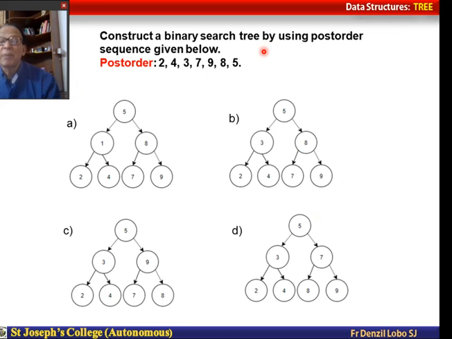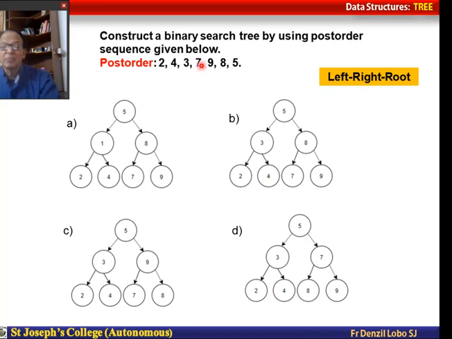Construct a binary search tree using the post-order traversal. Post-order traversal is left, right, root. So go to the leftmost, check here. This is correct, this is correct, this is correct, all are correct. Let's take the next one, right. In both cases it is right.